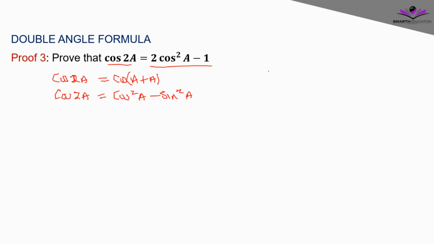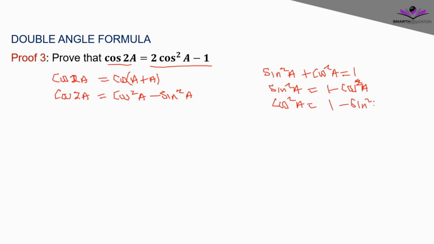Remember that sine squared a plus cos squared a is equal to 1 from grade 11. And then from this we can see that sine squared a is equal to 1 minus cos squared a, and also cos squared a is equal to 1 minus sine squared a. These two are coming from this one.